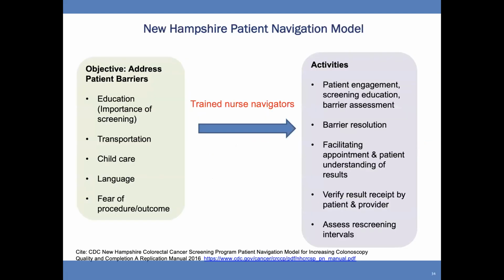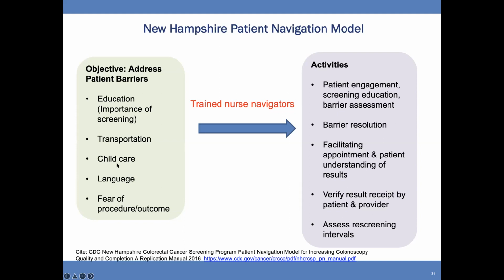It turns out that there are a lot of barriers for people to get screening. You can think of these as some examples of the barriers. People were not aware of the importance of screening. They might lack the resources for making a trip to the screening center.